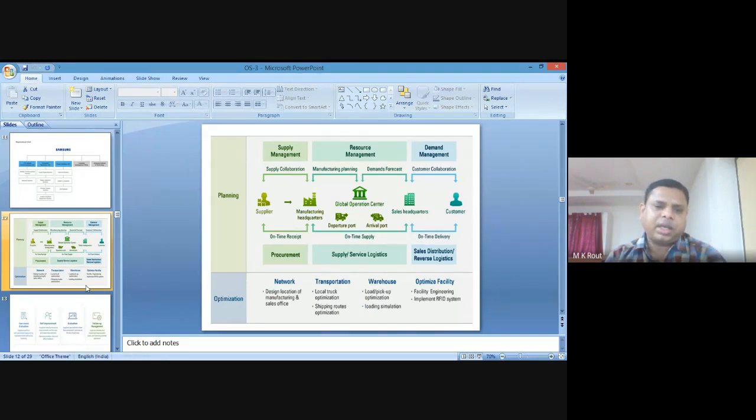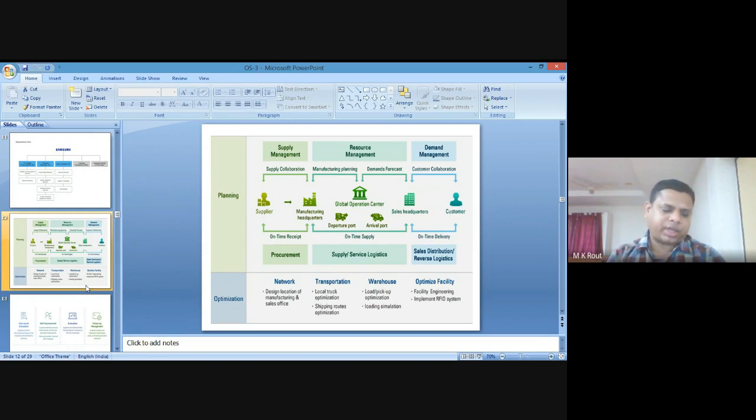That means in supply chain management, what are the operational activities? In supply chain management, they directly implement procurement or purchase of raw materials from different suppliers. Similarly, in resource management, they have suppliers and service logistics, especially inbound logistics and outbound logistics. The next part is sales, distribution, and reverse logistics.